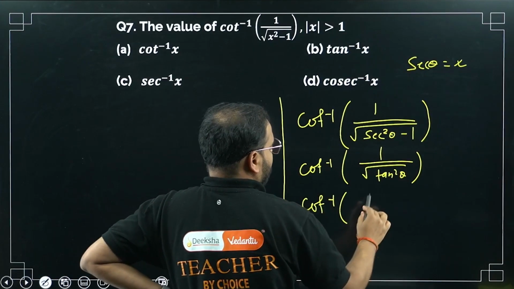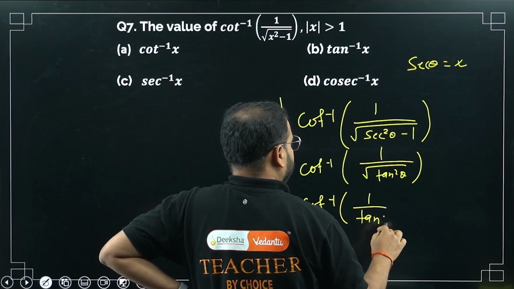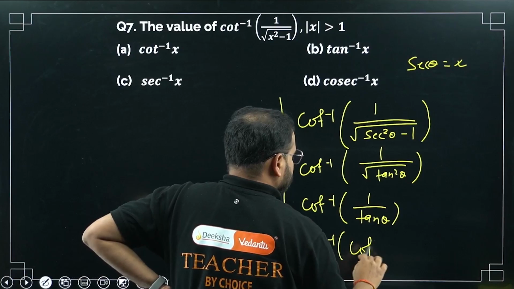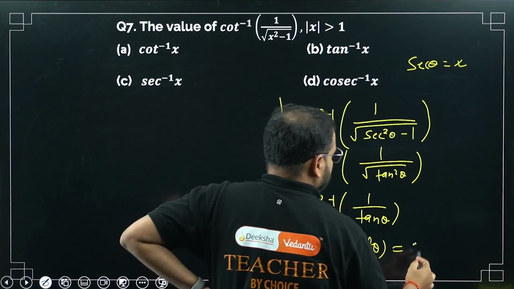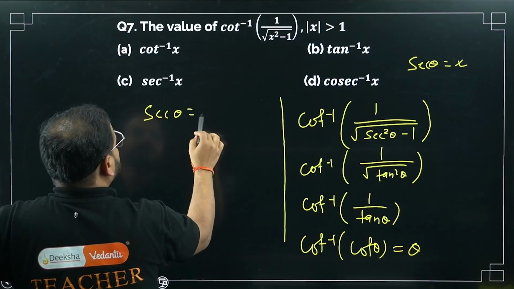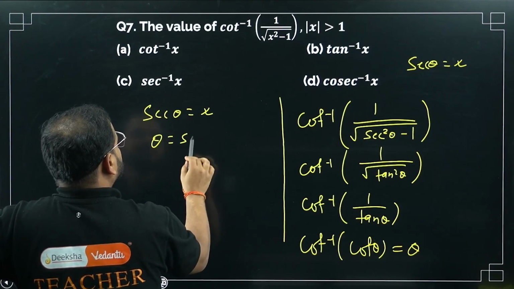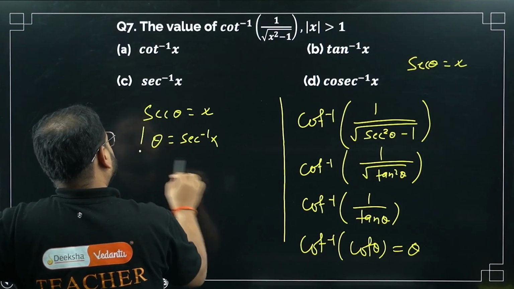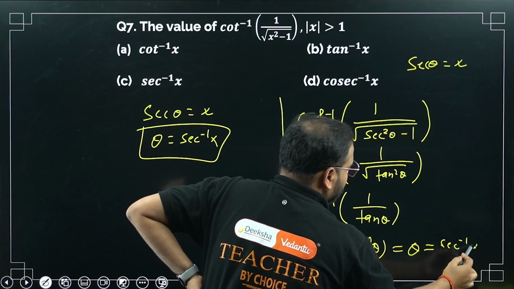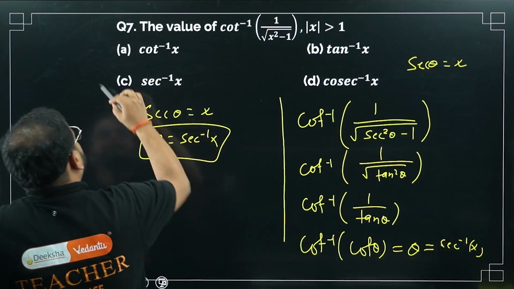Cot inverse of 1 upon tan. How much is that? Cot inverse of 1 upon tan is cot theta. What is this going to be? Simply theta. Now if my sec theta equals to x, what is theta equals to? Sec inverse of x. The answer is simply sec inverse of x. C.